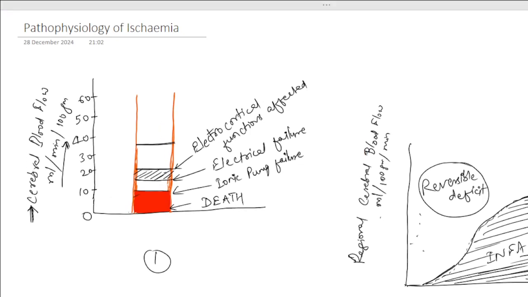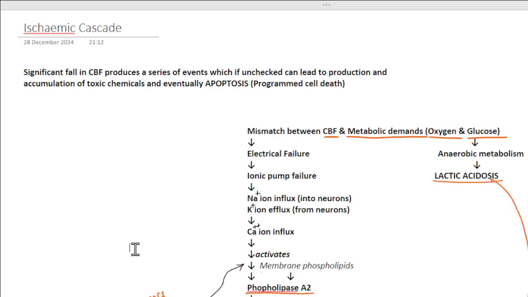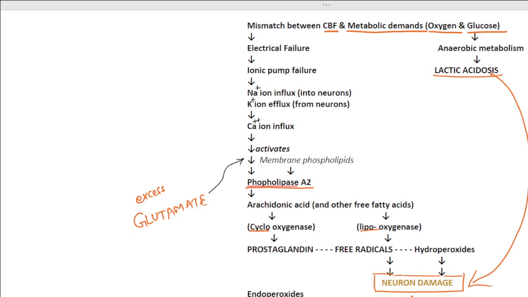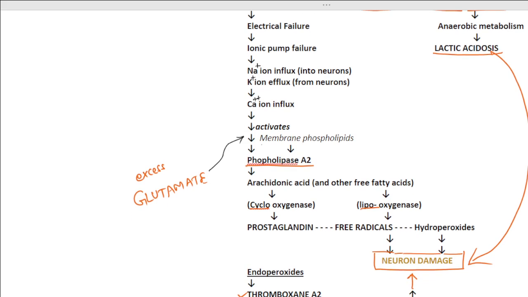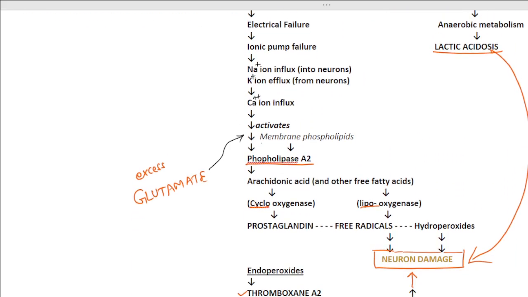It can cause even death. We understood through the graph. Duration is the key, you understood. In case you want to reverse it. And then we saw the ischemic cascade, which was a little longer. I'm really sorry that I took your time, but it was very good that we understood everything one by one.